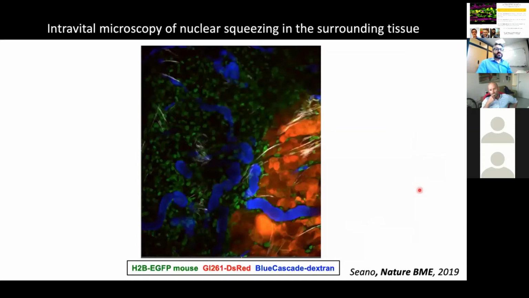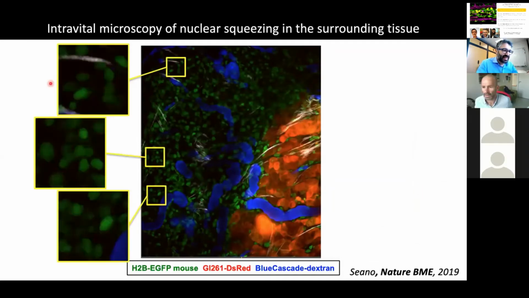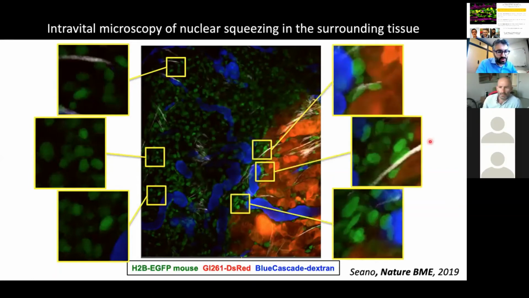So if reduction of perfusion is one of the consequences of physical forces, the second consequence is for sure compression of the neurons. We did a lot of histology on this. We demonstrated it in many other ways. You see that far from the tumor the nuclei are very rounded and very large, while close to the tumor, you definitely see that the nuclei are squeezed.